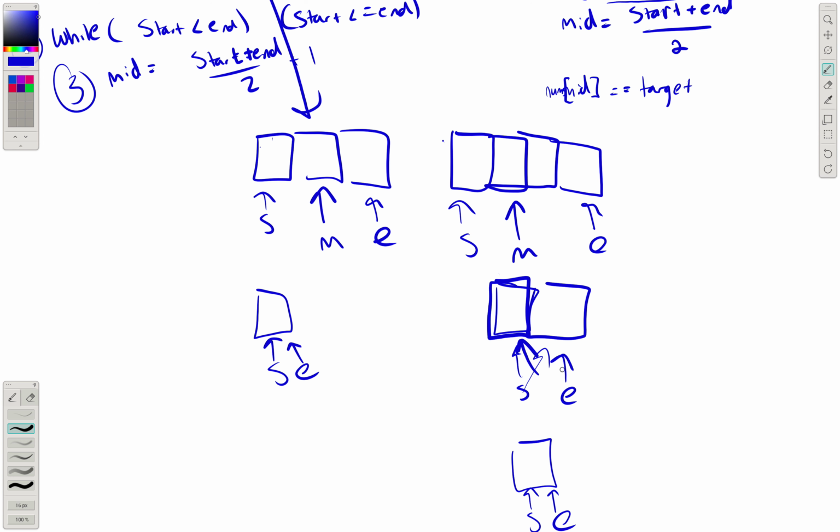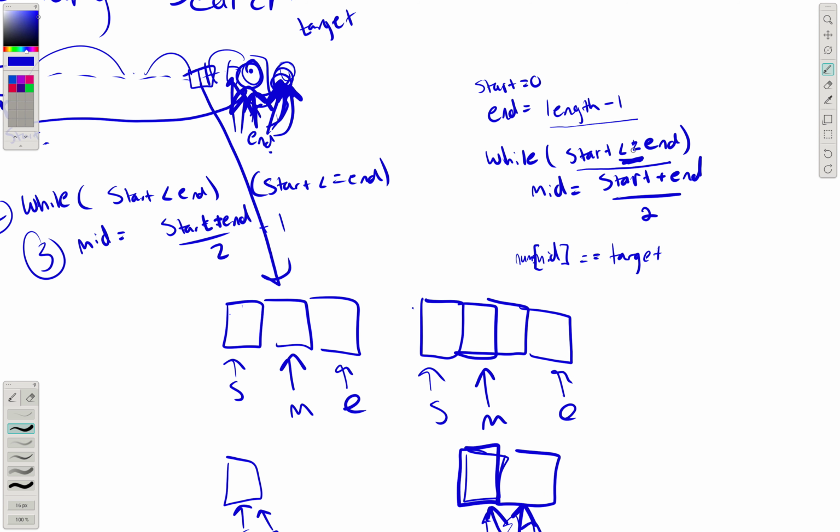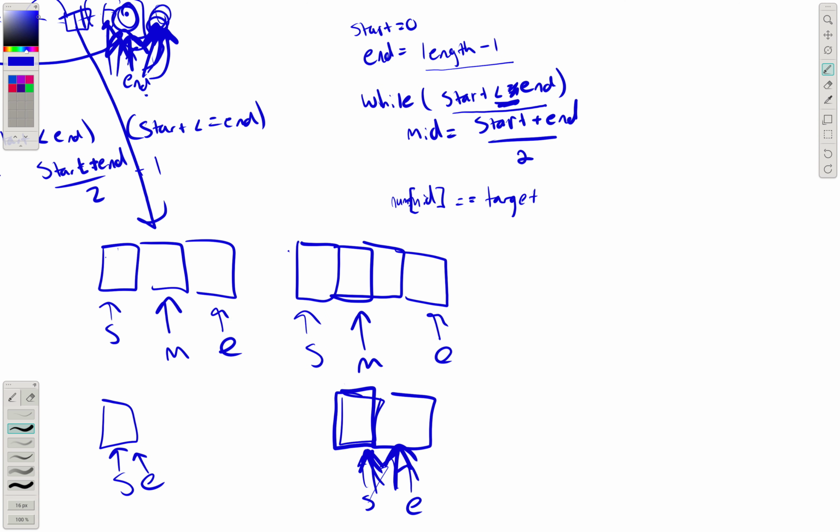But it's actually impossible for the mid to ever point to end if we don't allow this here, because we're always rounding down, and if we don't have this, then this is the closest we can get. This is the closest iteration we can get when start is pointing here and end is pointing here.